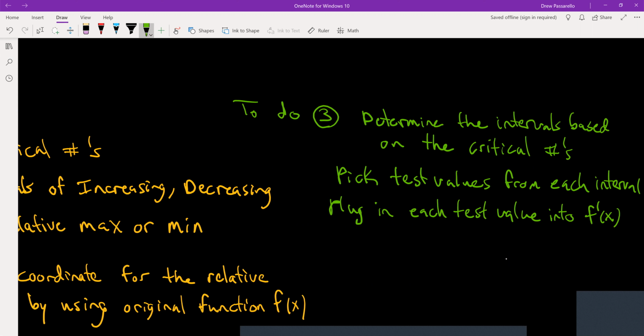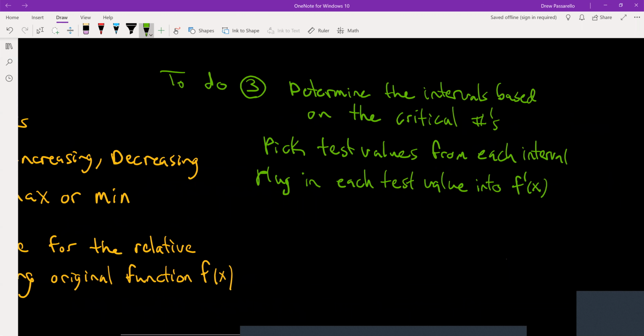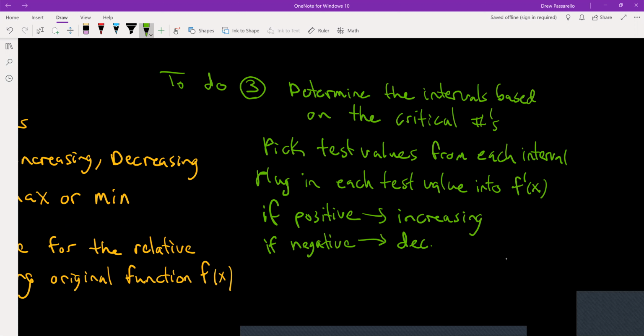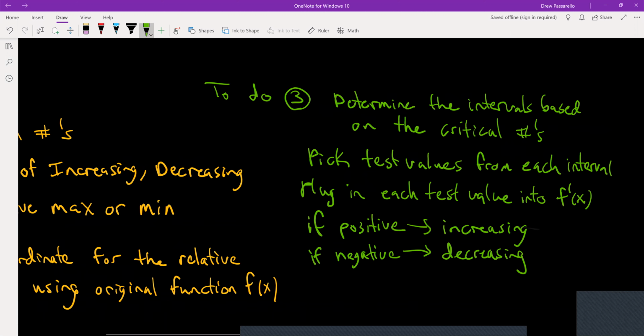All right, so f prime of x, if it's positive, then it's increasing. And then if it's negative, then it's decreasing. All right, that's for step 3.